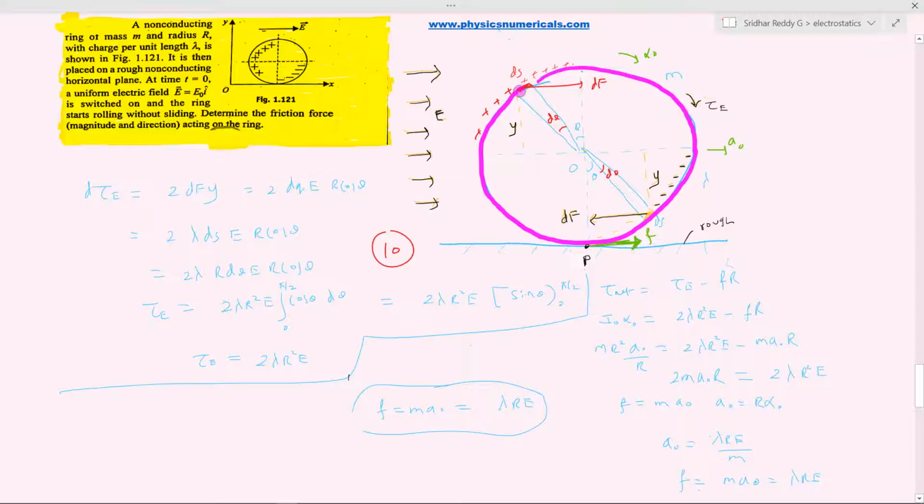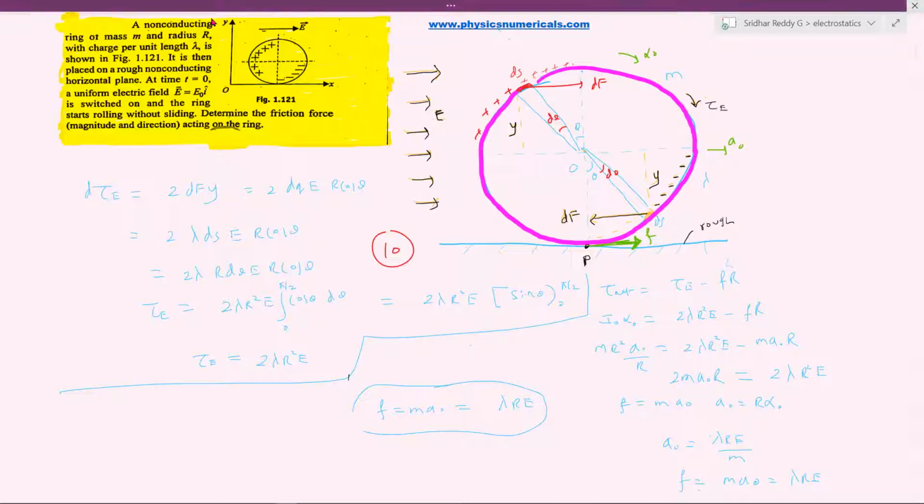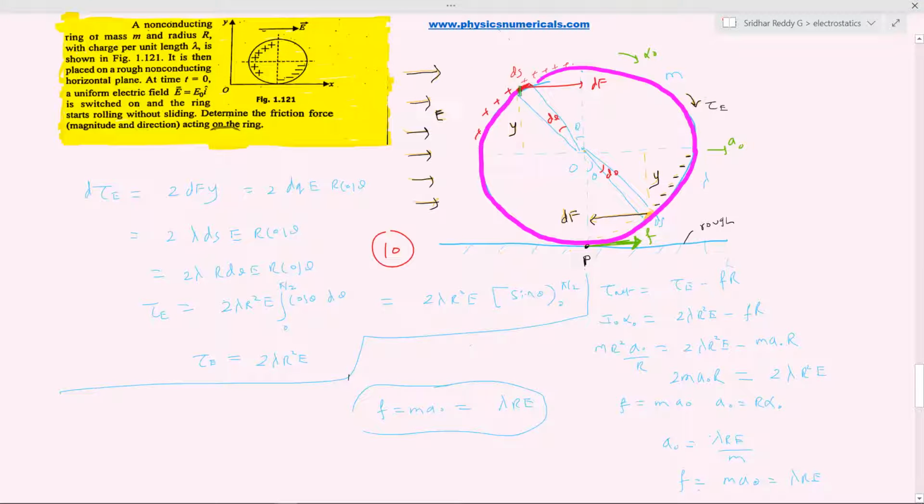Let's do one thing. Let me assume two symmetric elements. Here is one element I assumed. Let the length of this element be ds and it will have a charge dq. Similarly, I'm going to assume one more element here, and it will also have a charge dq.